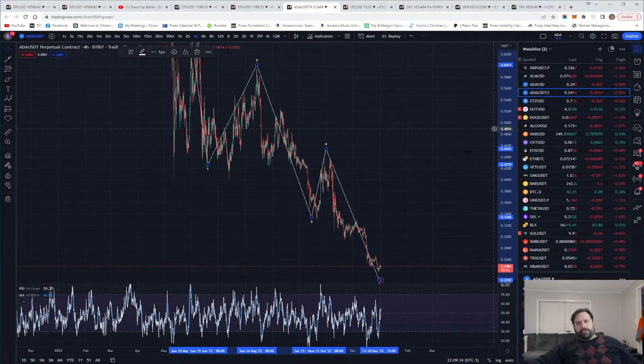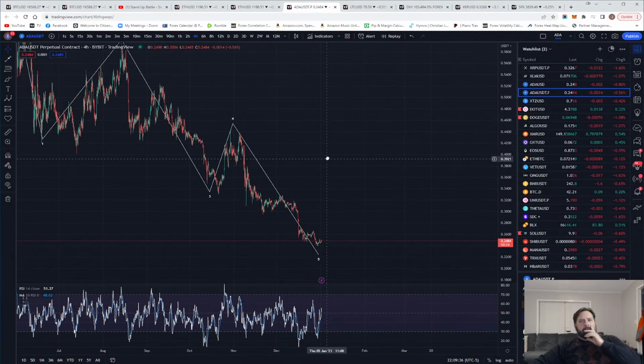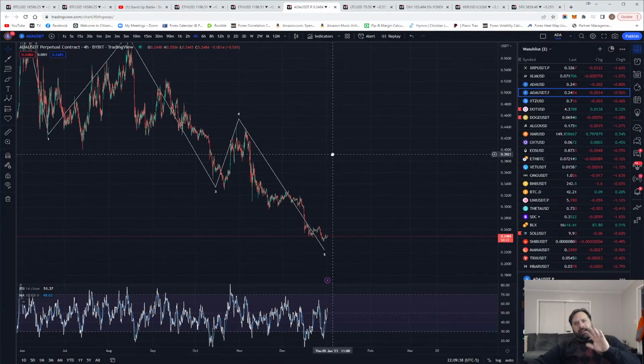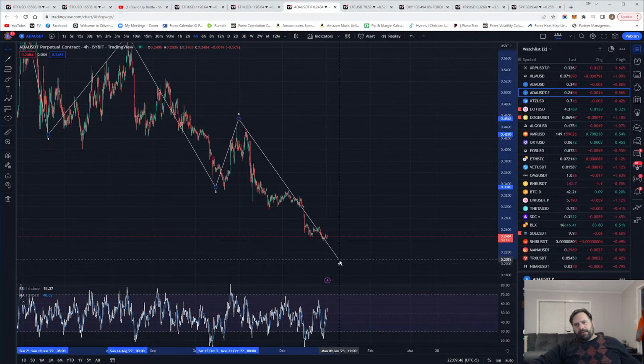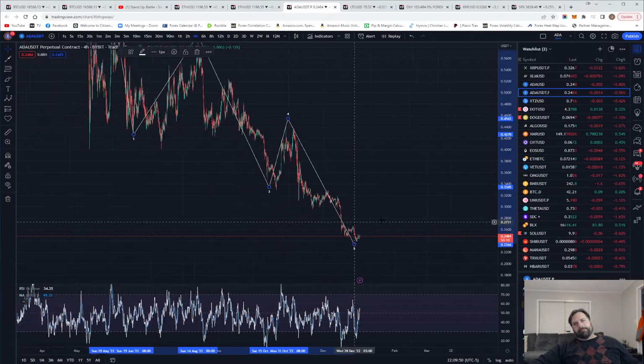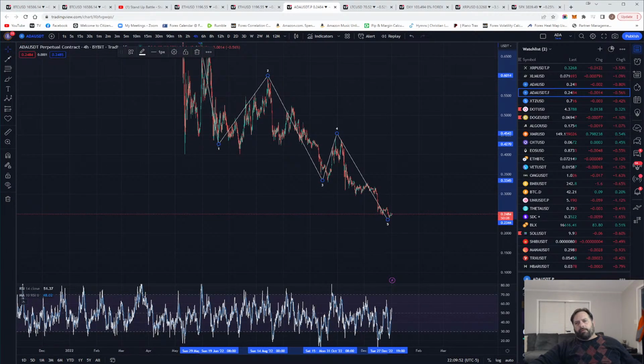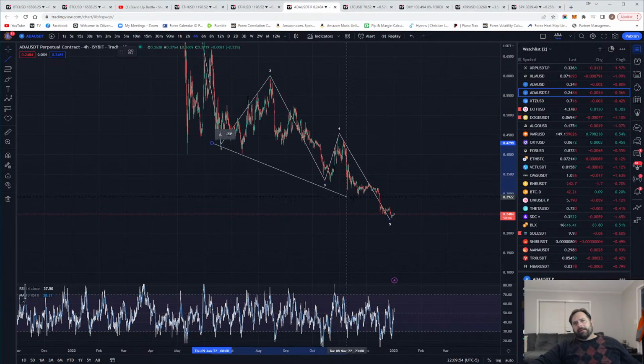It looks finished. It looks complete. Maybe we get one more hit to the low. Maybe this might have a little bit more downside to go. It could. But it's looking about finished to me. Okay, and with a throw over. So it looks like an ending diag. Boom. With a throw over.